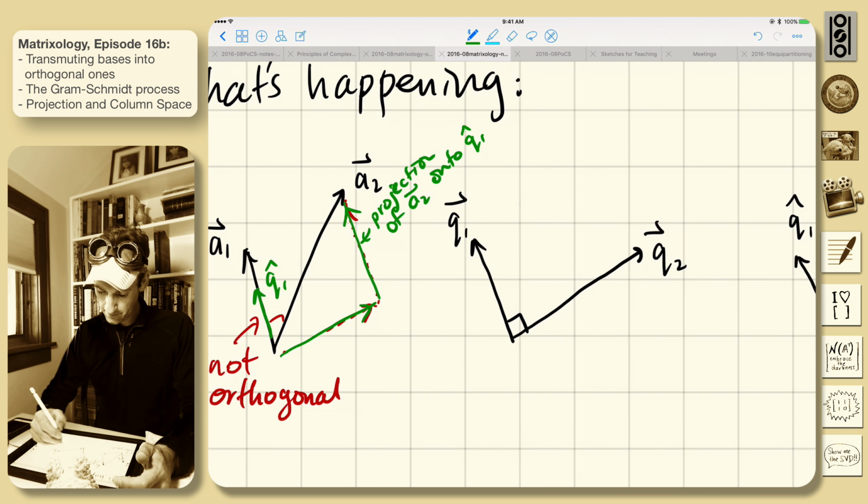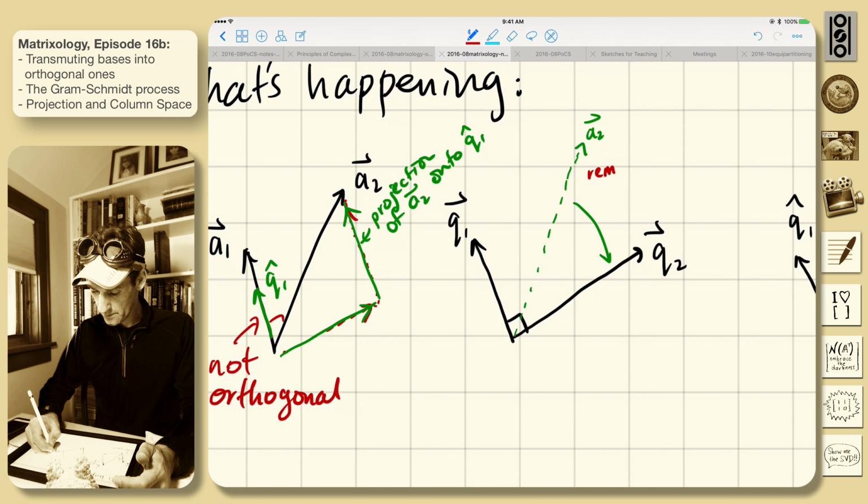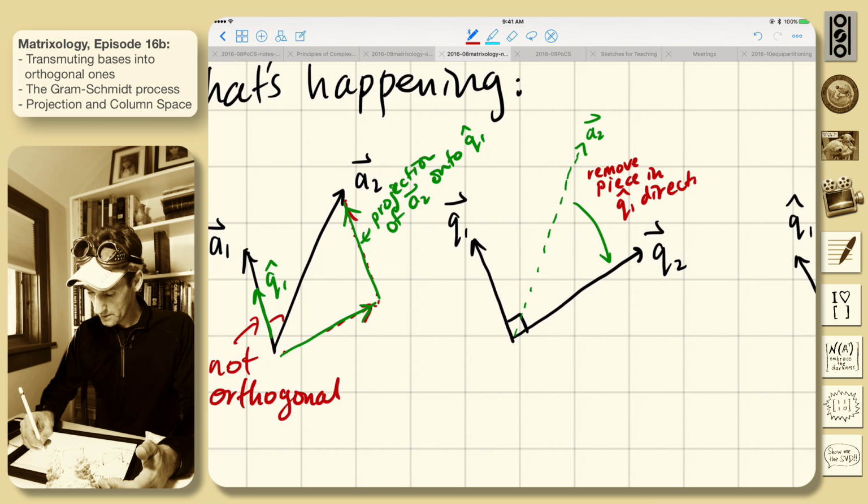So we remove it. So A2 was here. A2 is here, so we remove, right, the piece in Q1 direction. I can write the words. Right.